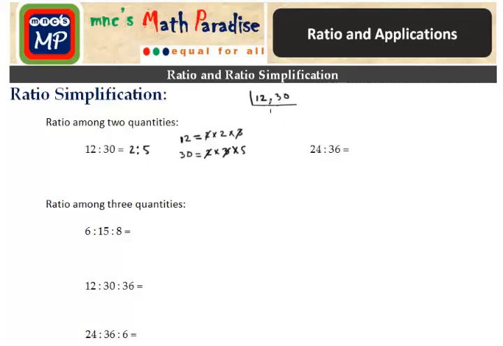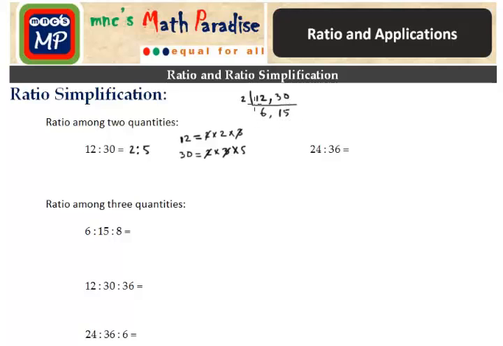There are some differences. For 12, 30, we will take small prime factors common as long as that factor is present in both of them. If we take 2 common from both, it will become 6, that is, if we divide 12 by 2, we will get 6. If we divide 30 by 2, we will get 15.